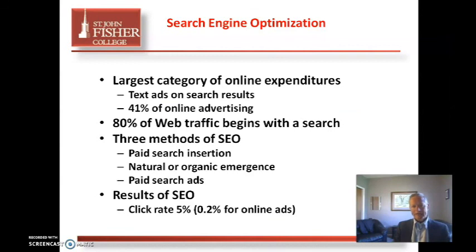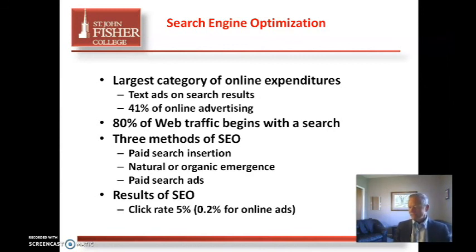So again, the largest category of online expenditures is SEO. 80% of web traffic actually begins with Google. Not with a search, but with Google. That, to me, is incredible. There's paid search, there's natural or organic using keywords, and then there are paid search insertions.